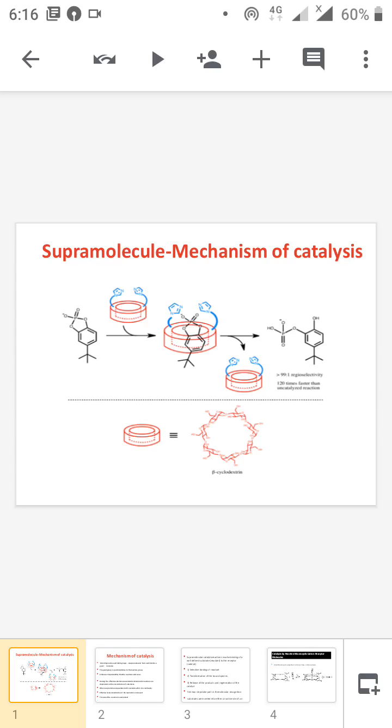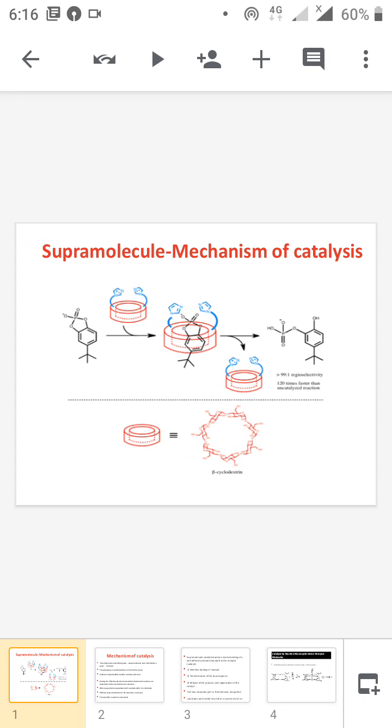Everybody, next topic is supramolecular catalysis. In catalysis, the catalyst is not directly involved in the chemical reaction, but it alters the path by stabilizing the transition state.